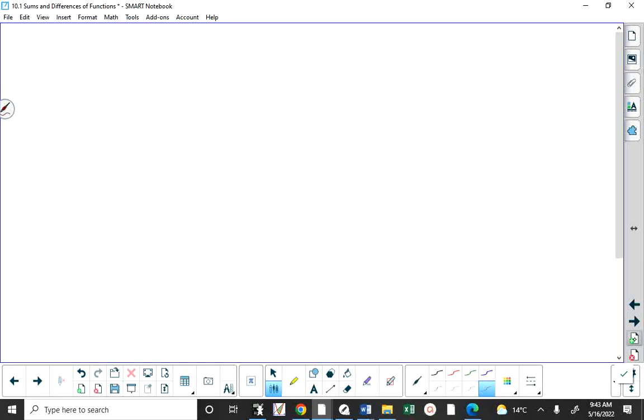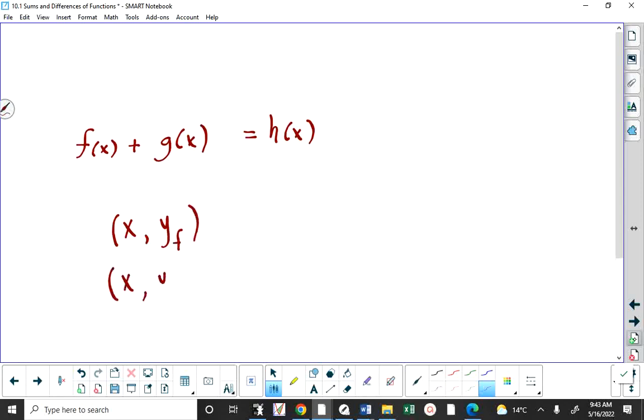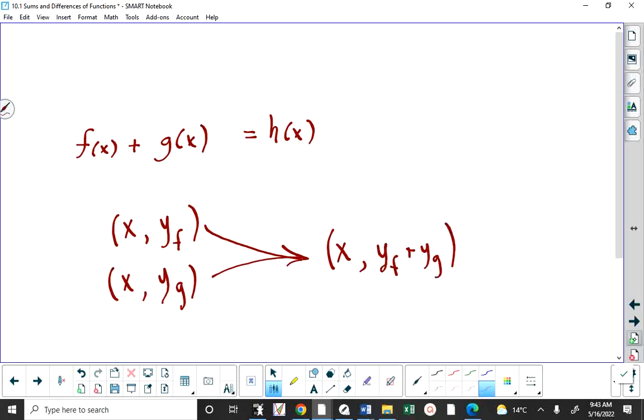When you have f of x plus g of x, the mapping to give you h of x is that the x coordinate, comma, y coordinate on f and the x coordinate, y coordinate on g map together to give you an x coordinate, and the y coordinate on h will be y of f plus y of g.